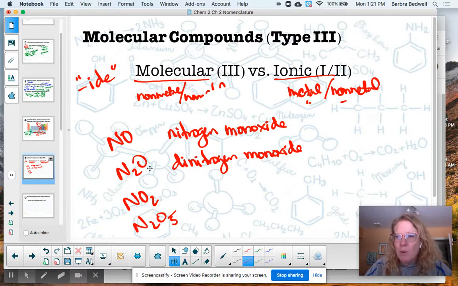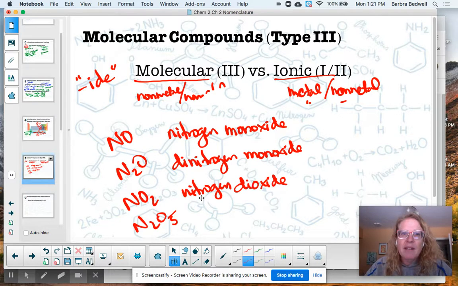This one's different. So this one is nitrogen. Again, we don't put the mono on there because it's the first element. And then the second one, we've got 2 oxygens, so we call it dioxide. Nitrogen dioxide versus dinitrogen monoxide. Again, they have different formulas, and they do both exist.